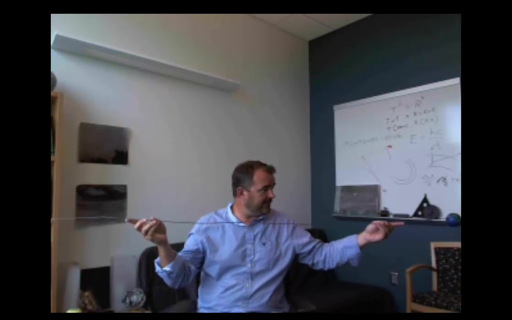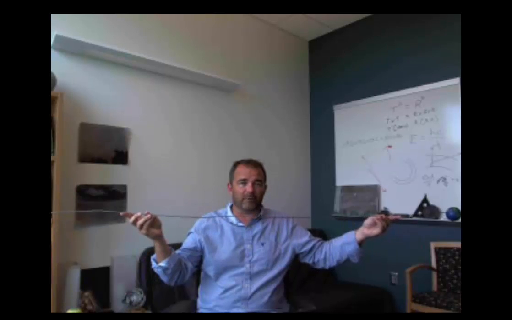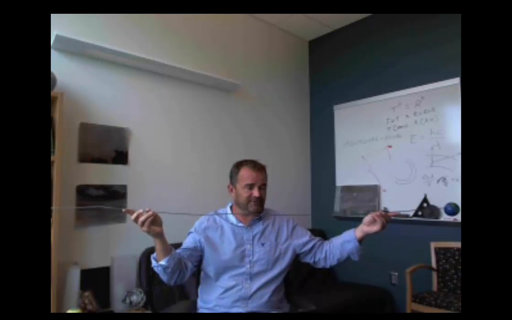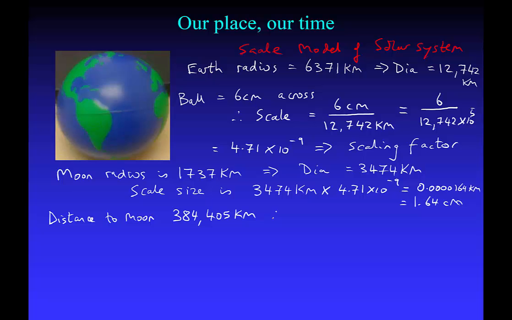It took the Apollo astronauts 4 days to travel that distance in space. If you plug that into your scale model, you'll find that it comes out to be 1.81 meters away. That's how far away the moon would be.